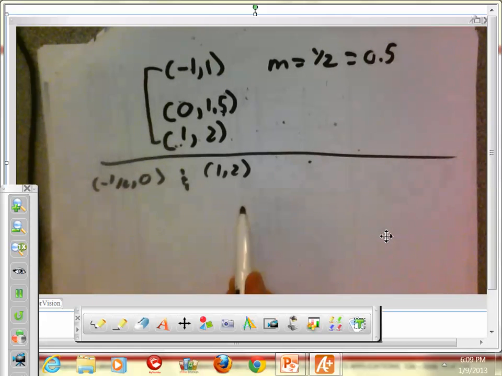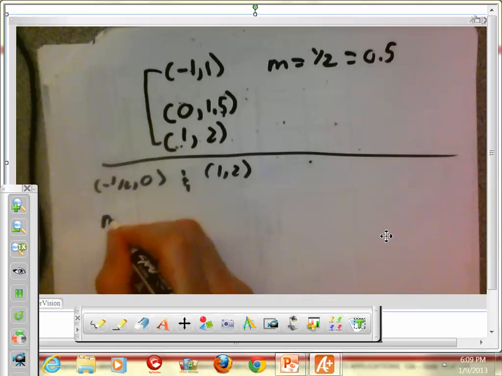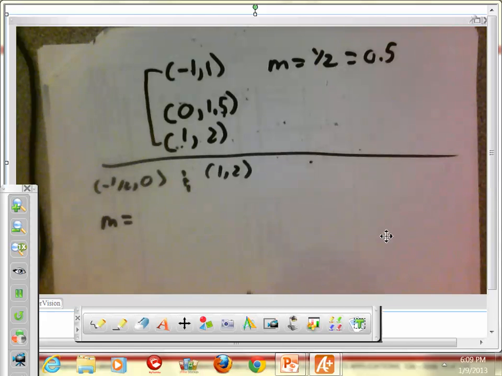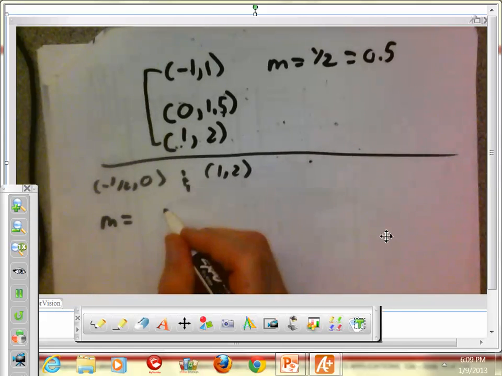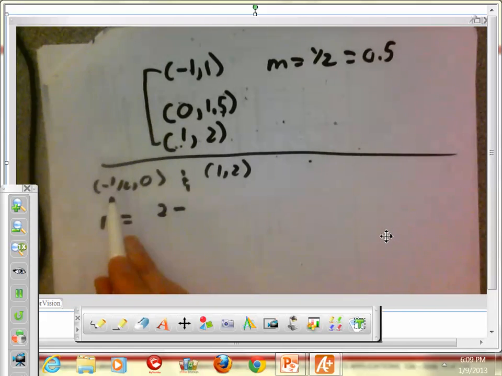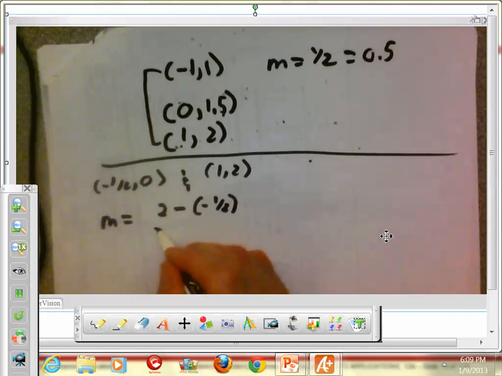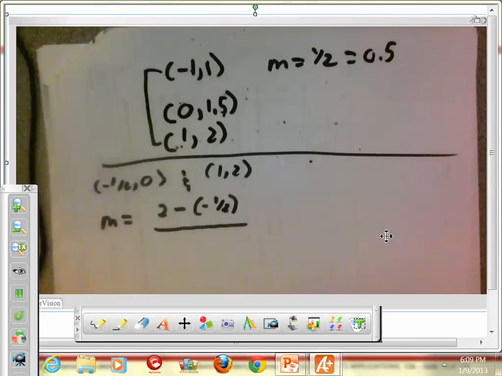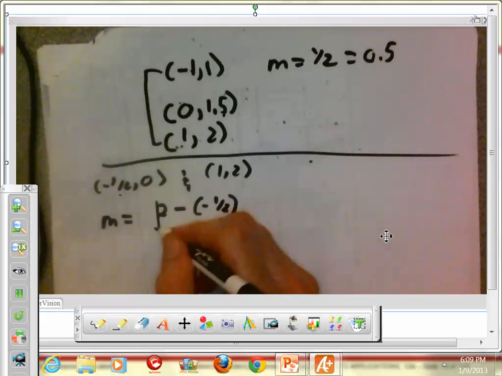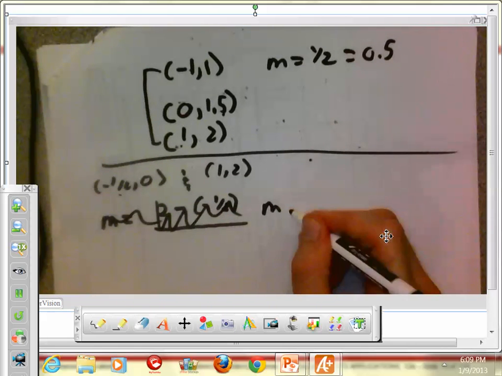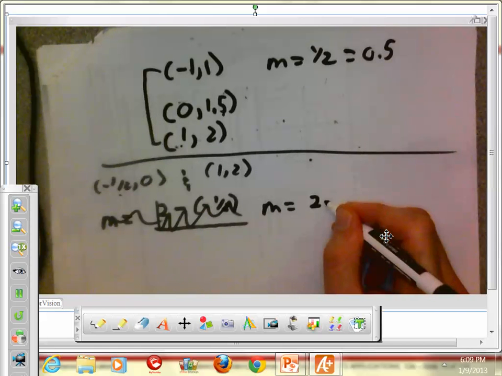All right? So m is going to be equal to 2 minus, what is this? So my y-coordinate minus my other, did I make a mistake? Yes, I did. It's going to be equal to 2 minus 0.